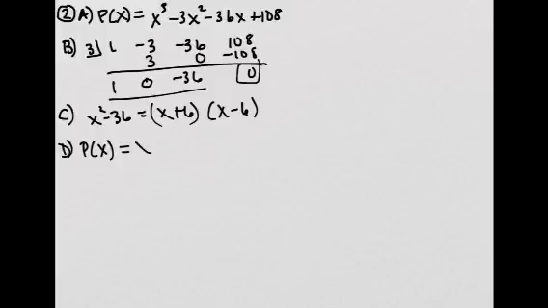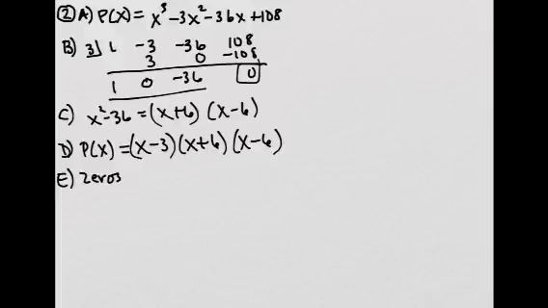So it would be x minus 3 times x plus 6 times x minus 6. For E, you have to find the zeros, and they would be 3 and plus or minus 6. Their multiplicity for each one is odd, so that means that the graph crosses at the x-axis at those points.